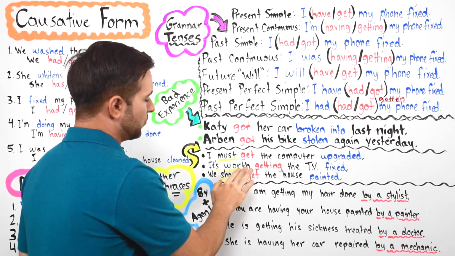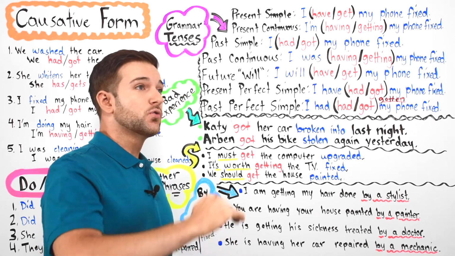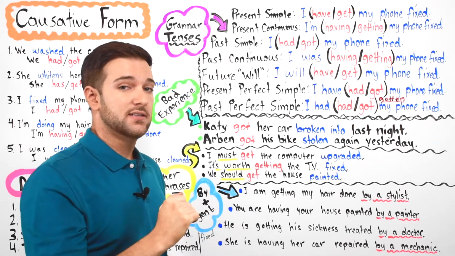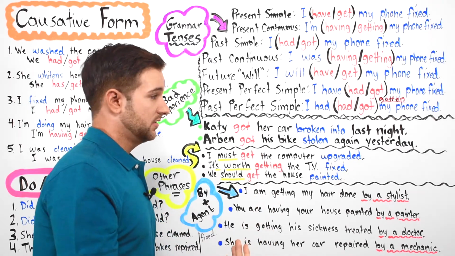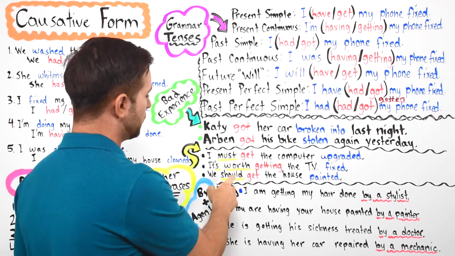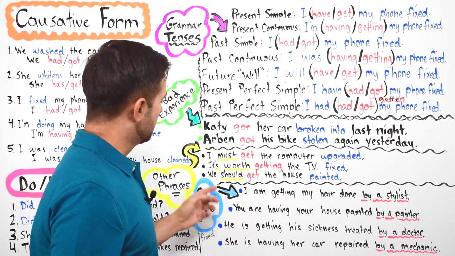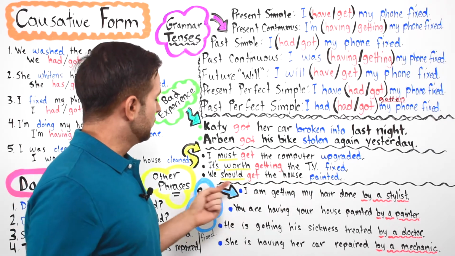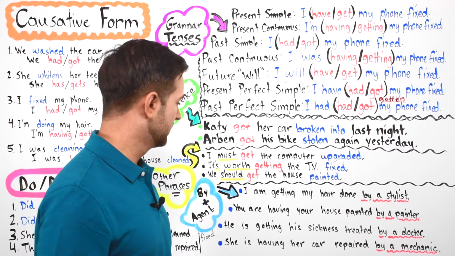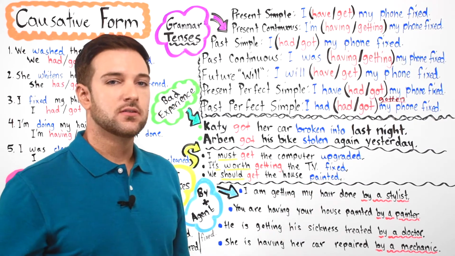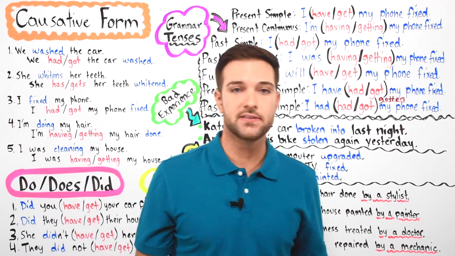It's worth is an expression we use, meaning the advantages are greater than the disadvantages, the benefits are greater than the disadvantages or the consequences. It's worth getting the TV fixed, or it's worth having the TV fixed. We should get the house painted. We should have the house painted, okay? So, who would paint the house? A painter, okay? That's the job. A painter is somebody who paints houses.